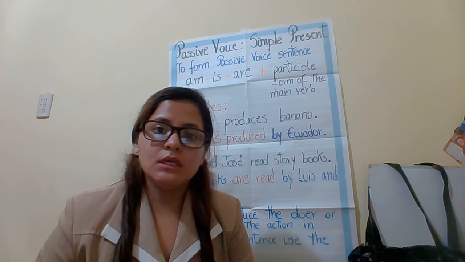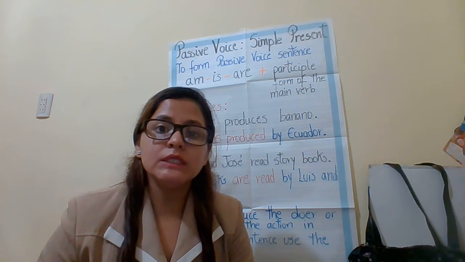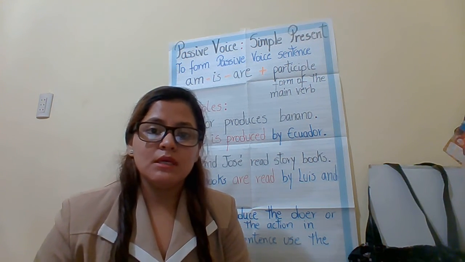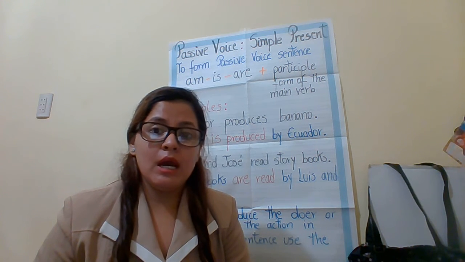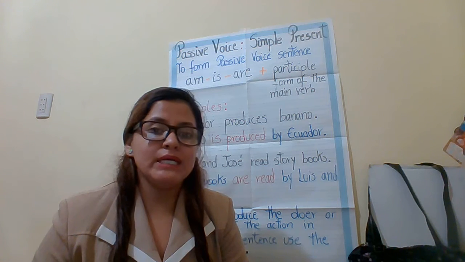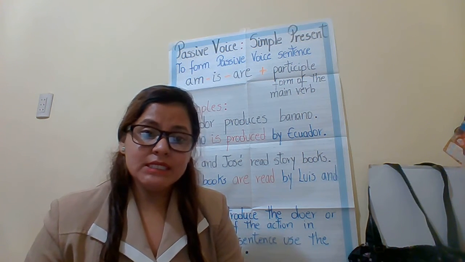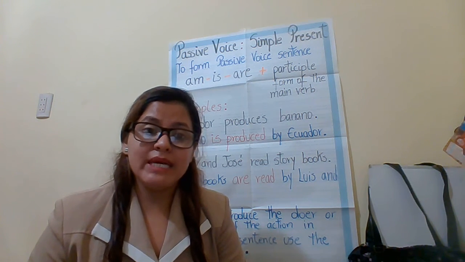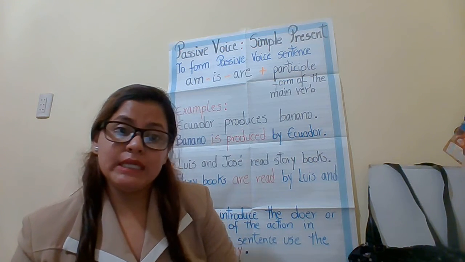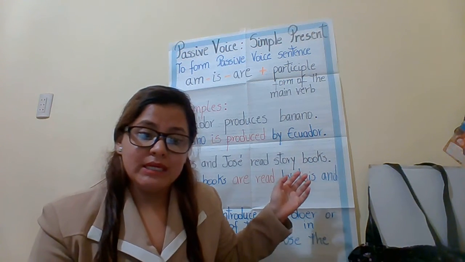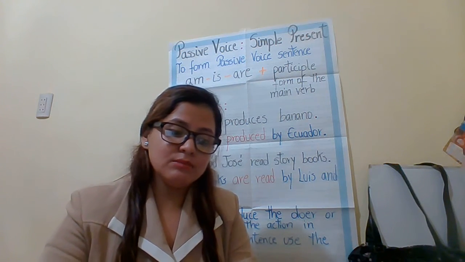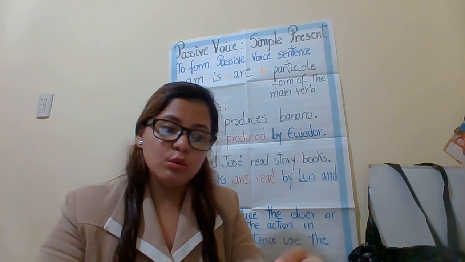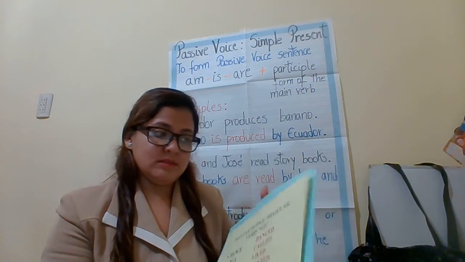I'm going to talk about my fourth lesson plan. First, I'm going to explain how I will take my class. First, I'm going to explain my class or my topic through this poster and also with this didactic material called flashcard.